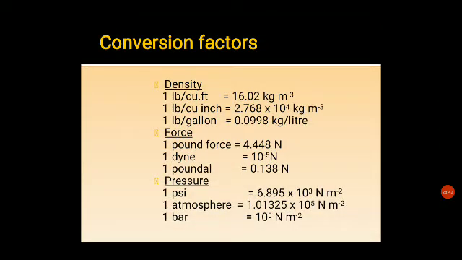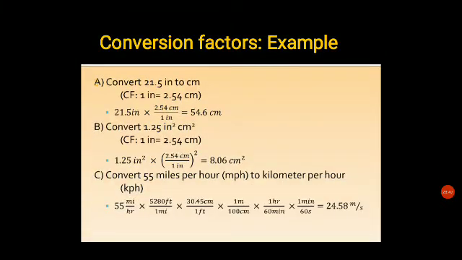Then a sample conversion: you have here 21.5 inches into centimeters. You just multiply this with the ratio of the available conversion factor. We all know that 1 inch is equal to 2.54 centimeters, or you can write this as 2.54 centimeters over 1 inch.